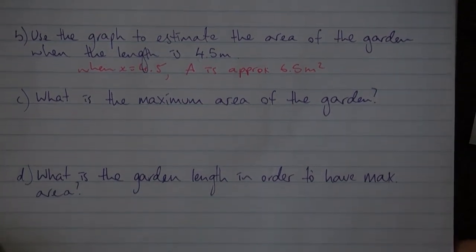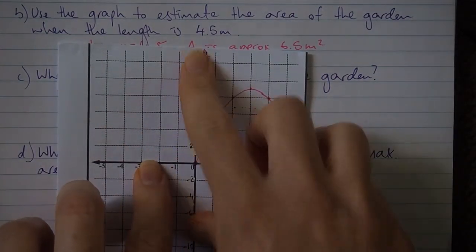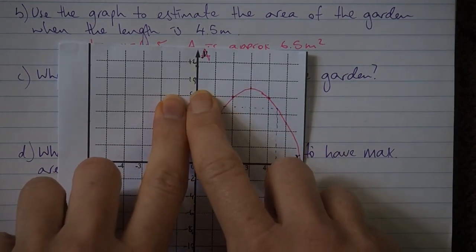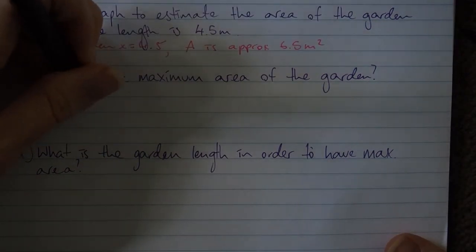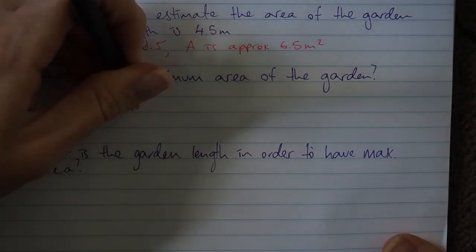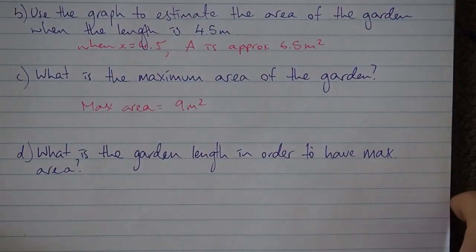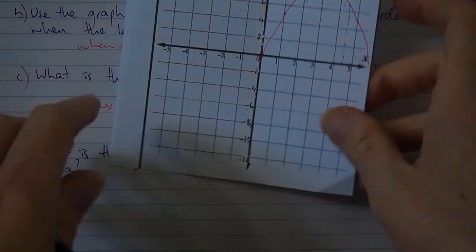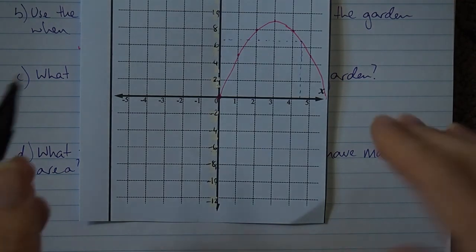So what's the maximum area of the garden? As I said before, the maximum area of the garden is where A is at its highest value. So the highest value that we have of A is 9. So that is going to be the maximum area of the garden. Max area equals 9 square meters. And what is the garden length in order to have the maximum area? So remember, our garden length is represented by x.